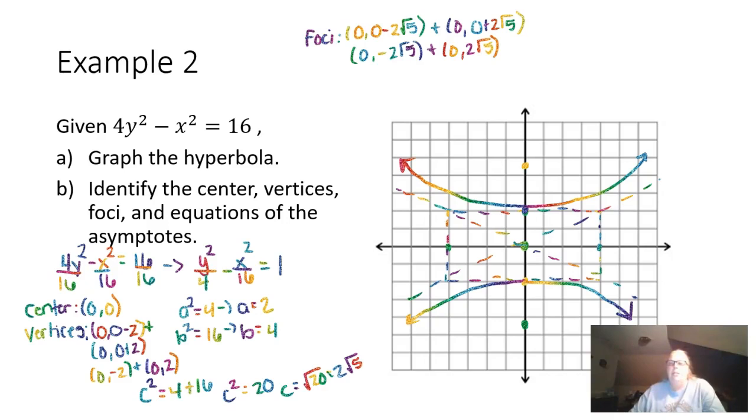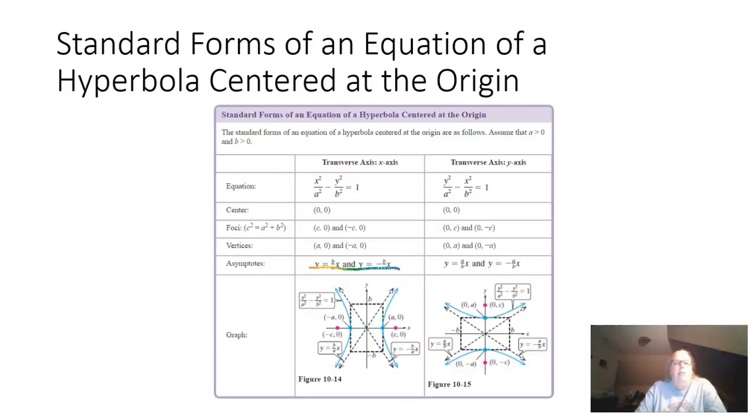Of course, now all we need to do is get the equations of the asymptotes. So y is going to be equal to plus or minus. Let's go back and look at our formulas here. This time the transverse axis is on the y-axis, and so our asymptotes are located at a divided by b times x and negative a divided by b times x.